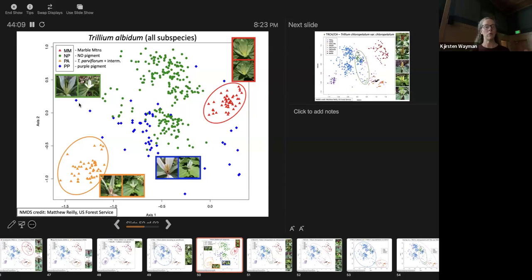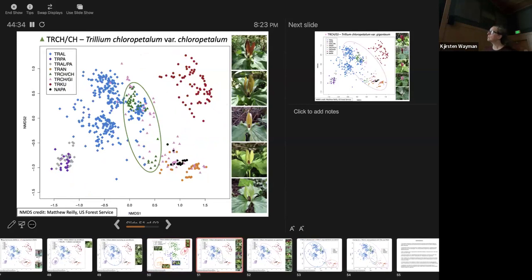So the ones with purple pigment seem to have features that encompass those of all of the other varieties. So there's a lot of variation in plants with purple pigment, and even more in the plants without purple pigment. But parviflorum clusters nicely, and those plants in the Marble Mountains tend to cluster nicely as well.